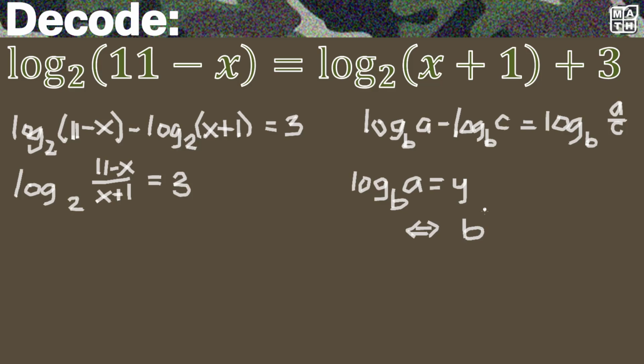Y would be the exponent of that base, and this would be equal to the coefficient in your original logarithm, a. So using that here, we'll take base 2, and we have 3 as its exponent, must be equal to 11 minus x over x plus 1. So from a logarithmic equation, we now have this equation here.